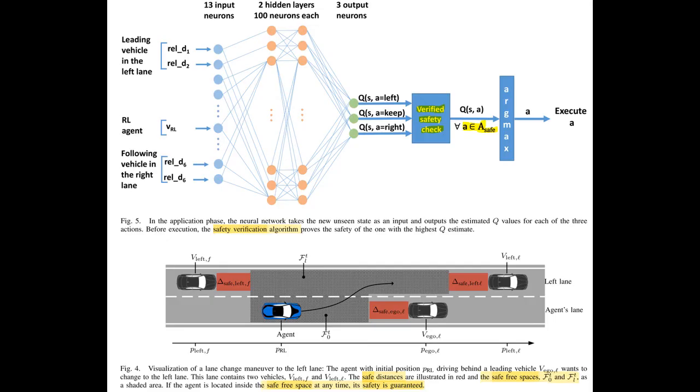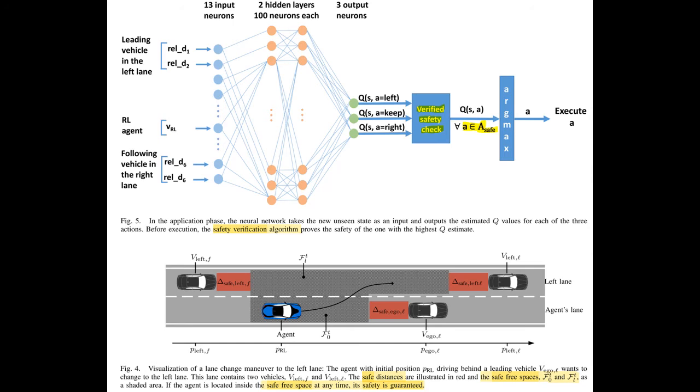So here's an example from another paper coming from University of Freiburg and BMW. Just an illustration, they were saying if the action is considered safe, then we execute it. Otherwise, we take the second best action, and if there is no second best action that is also safe, then we stay in the current lane. This is valid because you are driving on the highway.